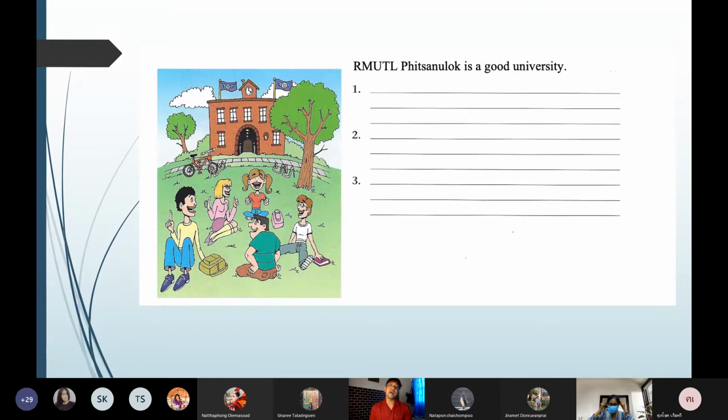Number one, RMUTL is a good university because it is very friendly. Okay, so for example, everybody in the university knows each other most likely. There is less population, less students, so everybody can greet each other formally or informally sometimes. Now, let's move on to the next.